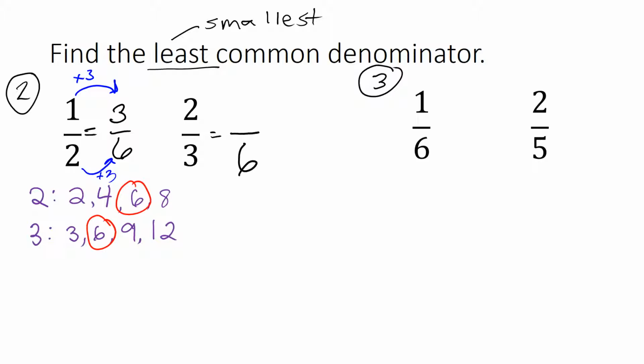So my new fraction written with the least common denominator would be 3/6. Okay, to get from 3 to 6 would be times 2. Do the same thing with the numerator, times 2. 2 times 2 gives me 4. So these written with a common denominator of 6, 1/2 becomes 3/6.